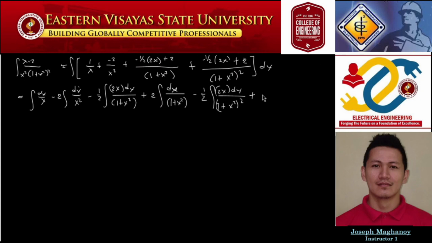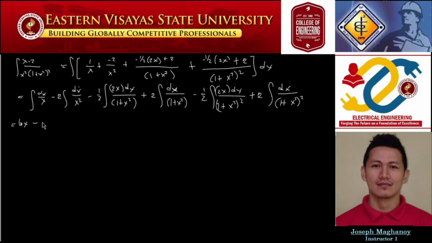So plus, we carry out 2 integral of dx over our distinct quadratic factor, 1 plus x squared, squared. So we have 6 terms to solve. So for our first term, no power, we can use our logarithmic formula number 3 right away here. So that is ln x.